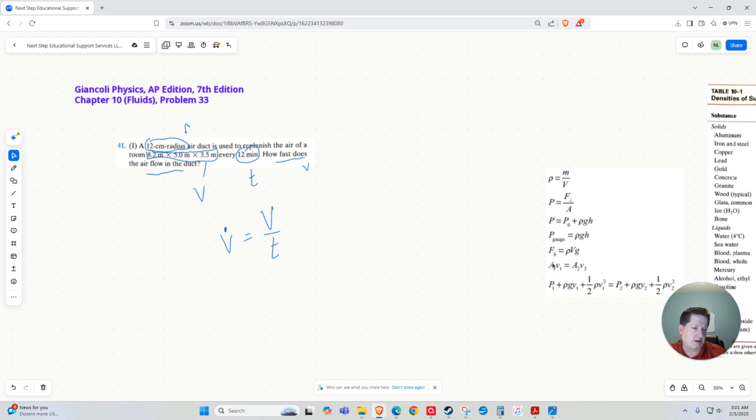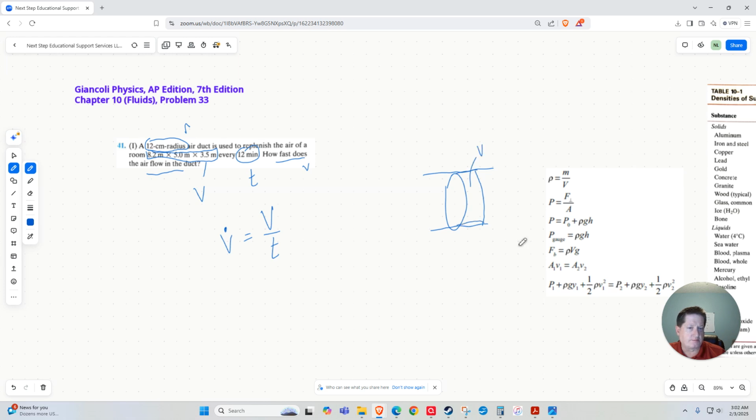But you'll notice that's an area times a velocity. The velocity is a length per time. So imagine you've got a cross-sectional area of pipe, and you had a certain length passing through that area per time.